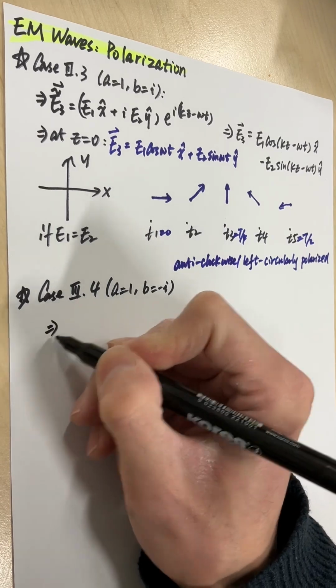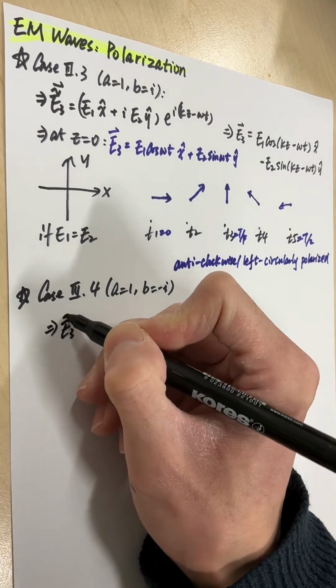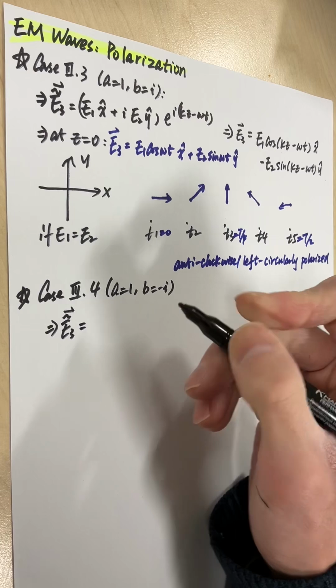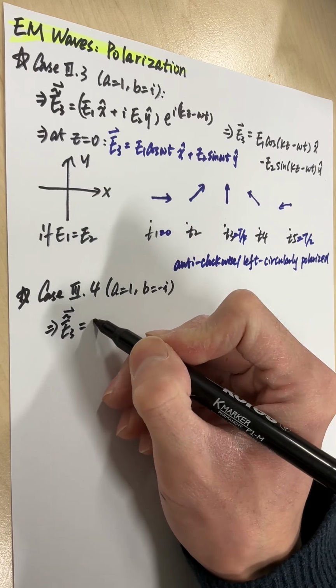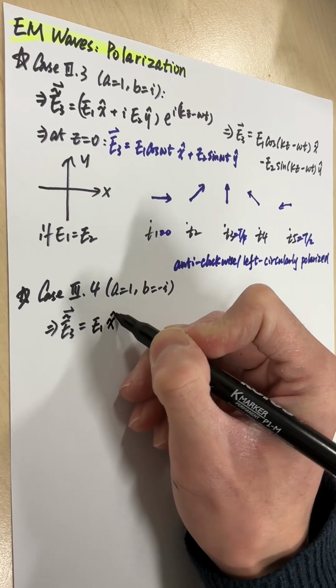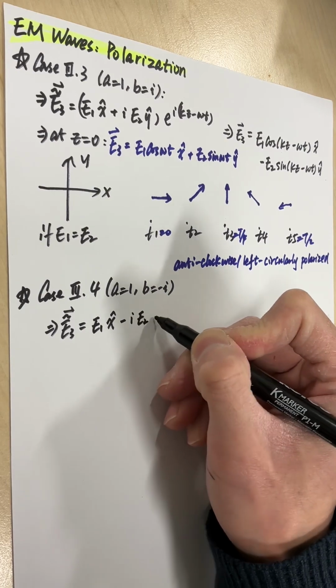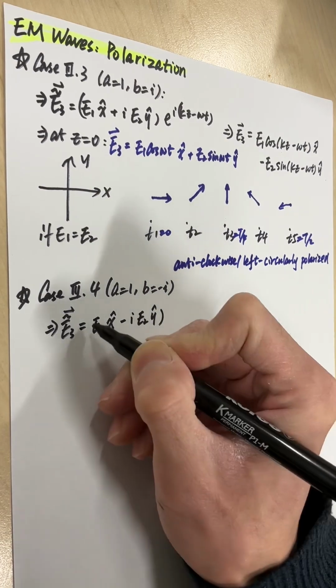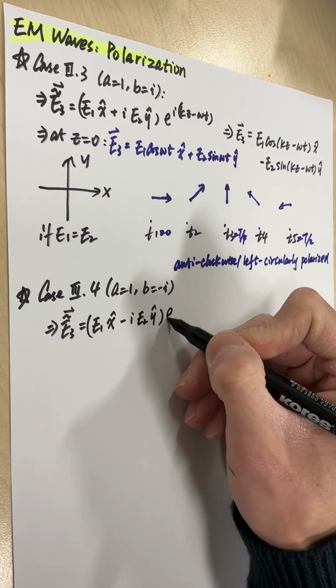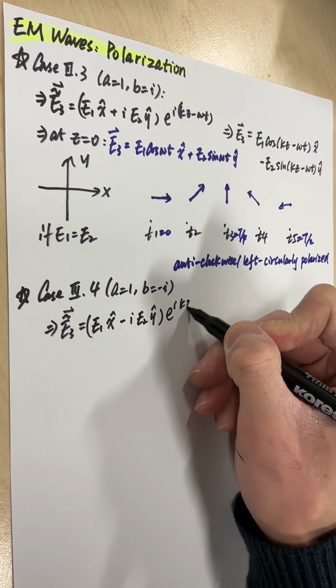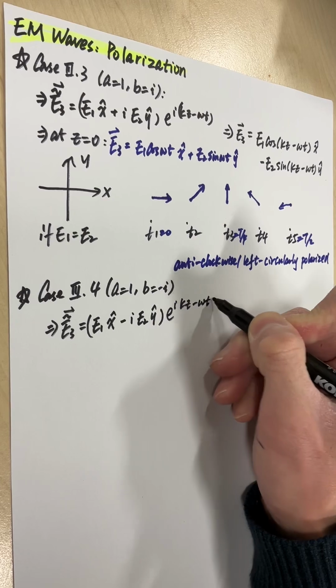So I have E3 would equal to E1 x minus i E2 y. And then we have e to the i kappa z minus omega t.